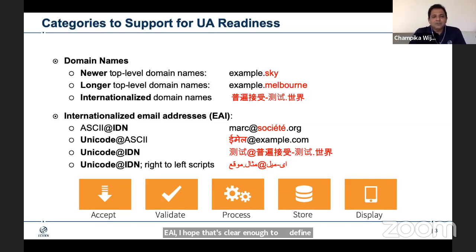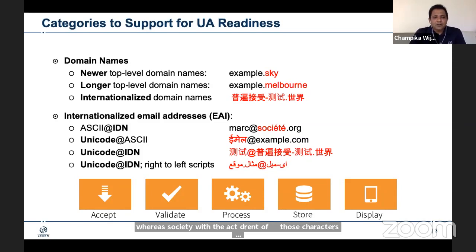Now, when it comes to EAI, or internationalized email addresses, there are a few forms we need to consider. First is where your mailbox is ASCII-based, whereas the domain is an IDN. So this example is similar, where mark is your ASCII mailbox, whereas society with the accent on those characters is an internationalized domain name.